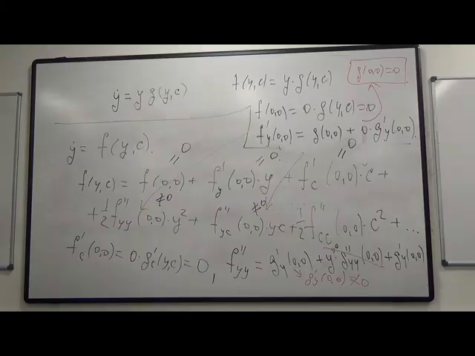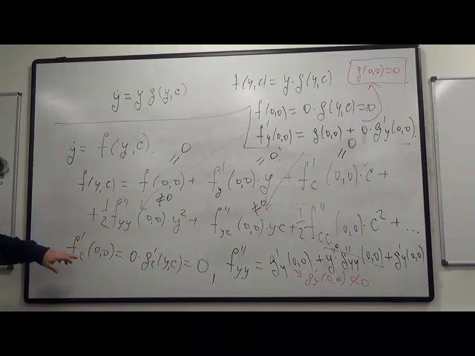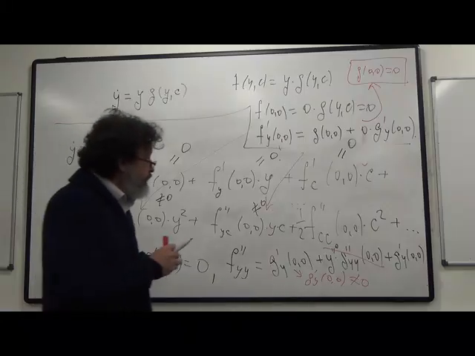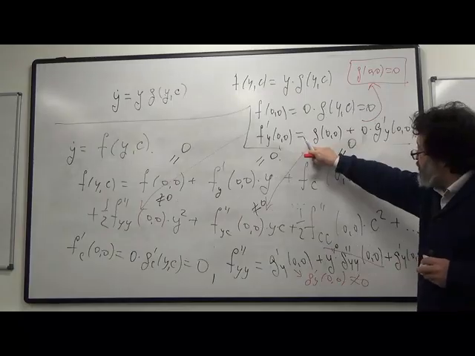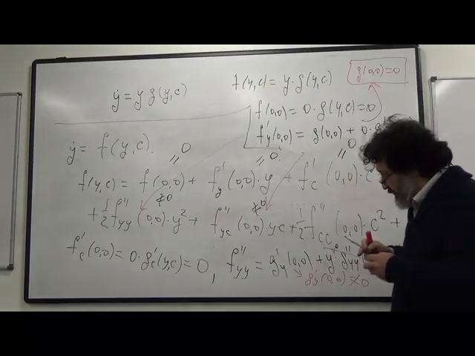Okay, and second, we have the derivative of f over c, and we should take the derivative of this over y, yeah? Or we could do it the other way around. This is the derivative over y, and we should take the derivative over c.